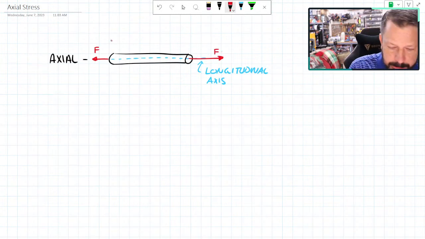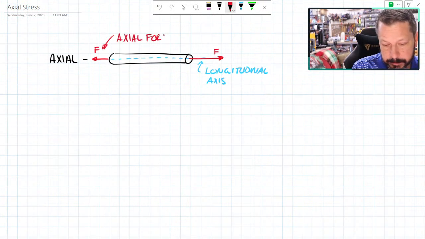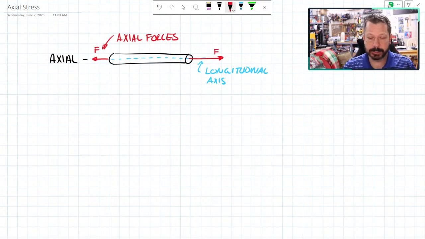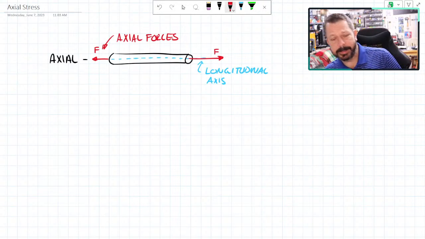So this force that I've drawn, or these forces that I've drawn, these are the axial forces. So they are lined up with this axis that I've identified, and they're both on that same axis, and so they're axial forces. These axial forces can create all these stresses that we're interested in.